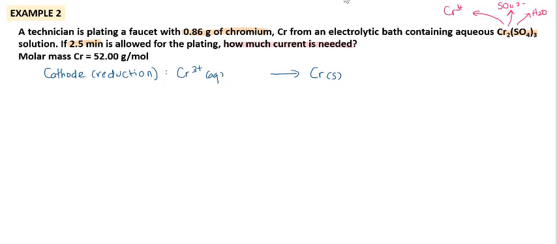To balance the equation, chromium will gain 3 moles of electrons. So 1 mole of chromium is equivalent to 3 moles of electrons, equivalent to 3 Faraday, equivalent to 3 times 96500 coulomb.